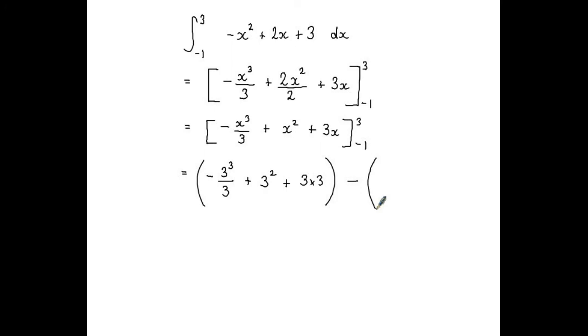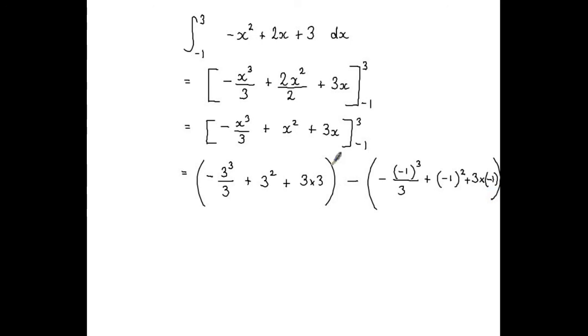So everywhere you write this minus 1, you want to put a bracket around it. So you're going to have minus, bracket around the minus 1, cubed over 3, plus, bracket around the minus 1, squared, plus 3 times minus 1. Close the bracket.